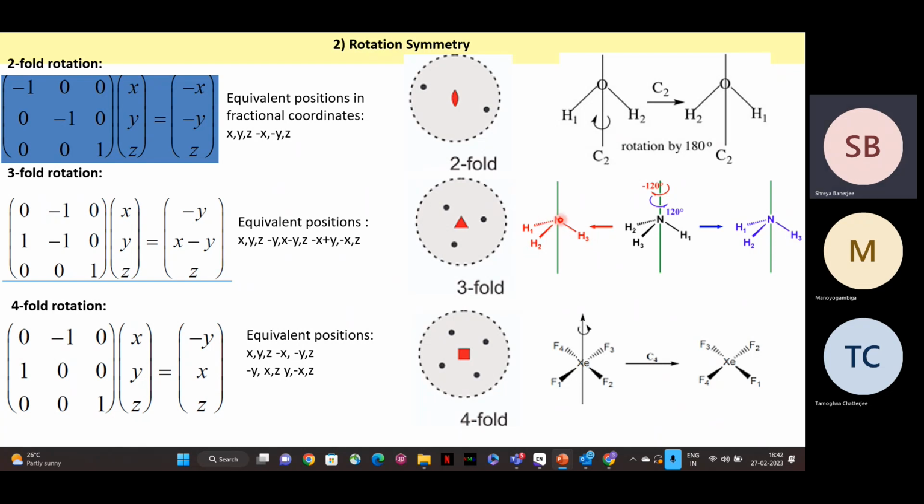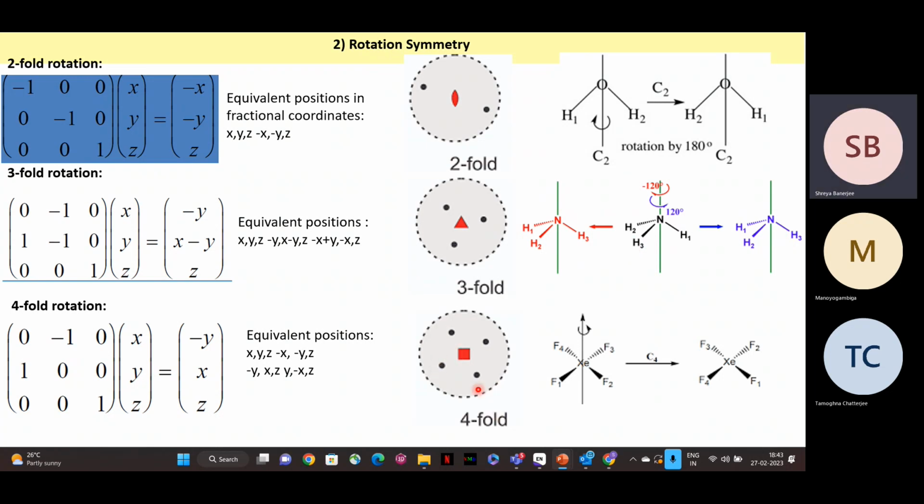In ammonia, there is a lone pair on the nitrogen, so the molecule has a pyramidal structure with three hydrogens, shown here as H1, H2, and H3. You can rotate by 120 degrees on either side, clockwise or anti-clockwise, and your H1 will either change positions with H2 or with H3. Either way, the molecule remains the same, and so ammonia is said to have a three-fold rotational symmetry.